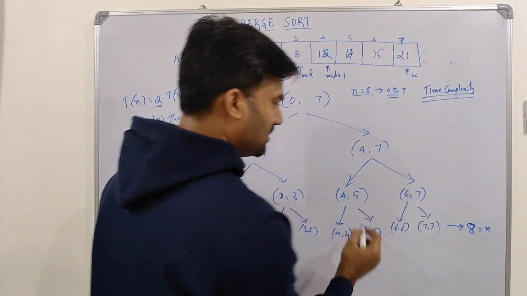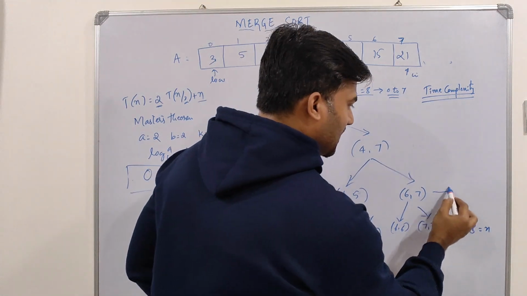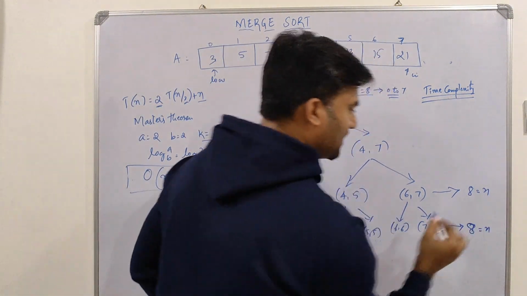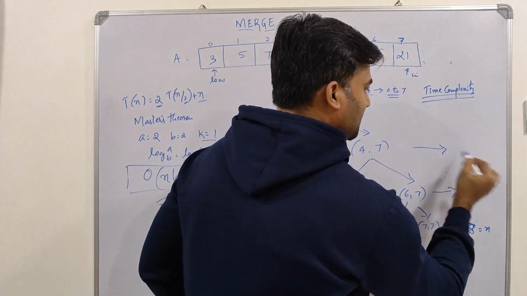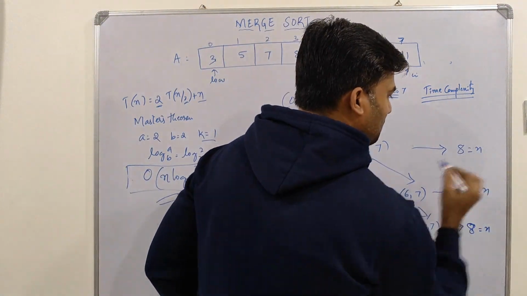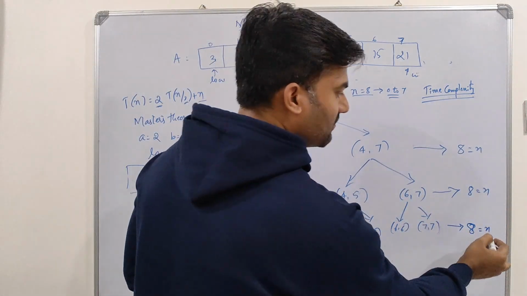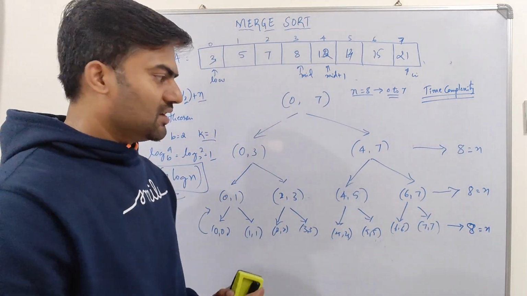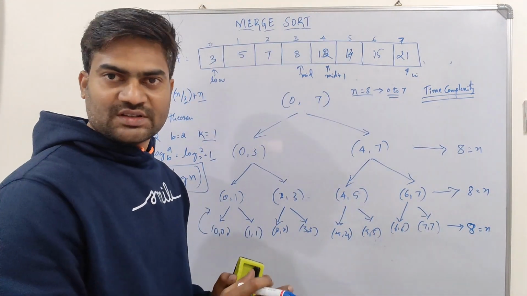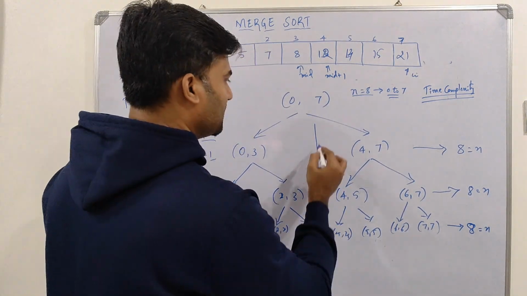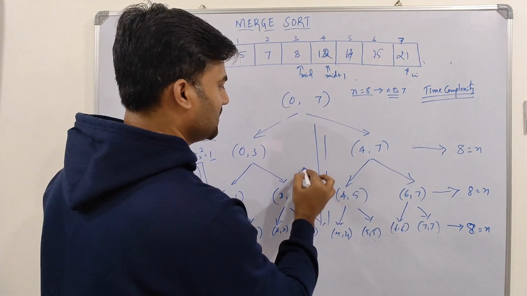Now if you see in this level, again it is 8, which is equal to n. Again in this level 8 merges, so again it is equal to n. Now at each level there will be n number of merges happening. Now if you see its height, it is 1, 2 and 3.